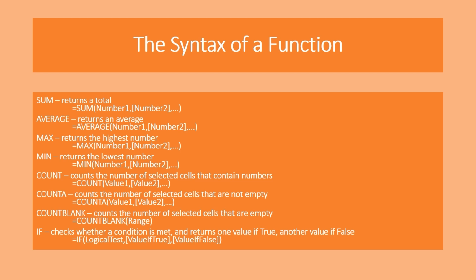And then CountBlank counts the number of selected cells that are empty. And so count and CountA have the same syntax. Value 1 is the only required argument, and you have an unlimited amount of optional value arguments. CountBlank has one argument, and it's a range of cells like B2 through B8.